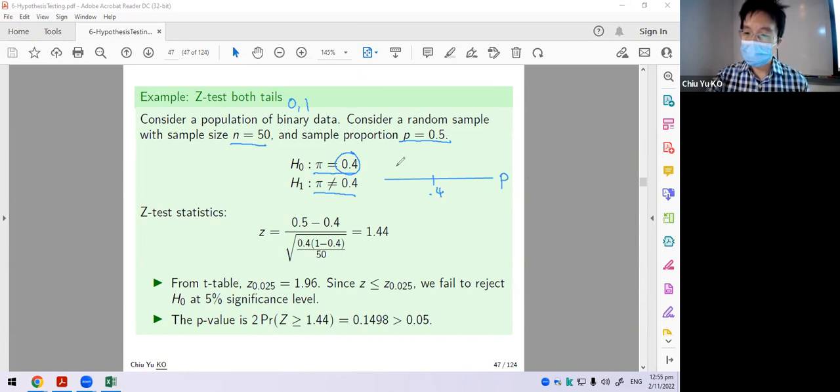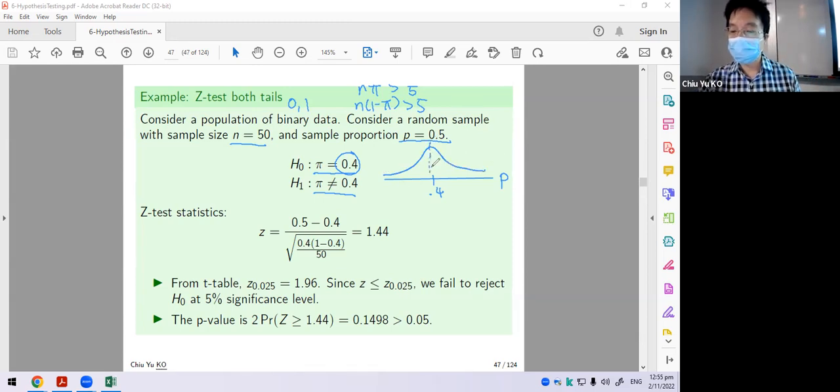You can first check whether n pi is more than 5 and n(1 minus pi) is more than 5. Is it true? Yes, n pi is more than 5, and n(1 minus pi) is also more than 5. So that means I can draw a bell curve, this is allowed.